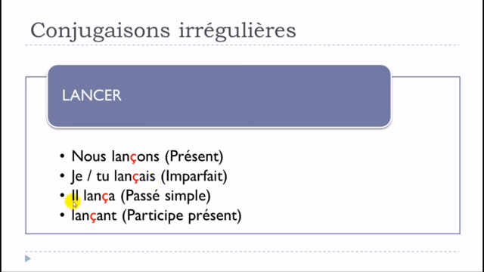For the passé simple, it will be exactly the same thing. We only need to put this cédille and we'll get il lança. And then participe présent, exactly the same modification. Just put the cédille to get the s sound: lançant.